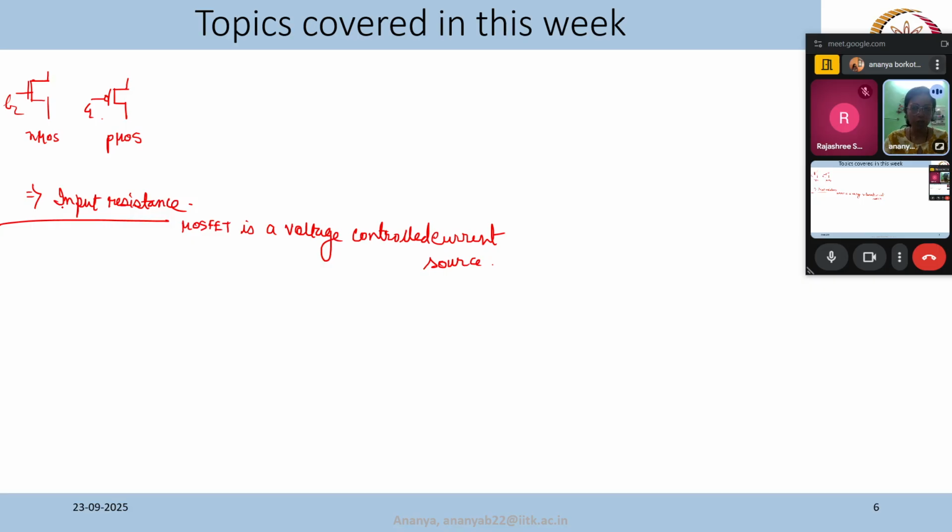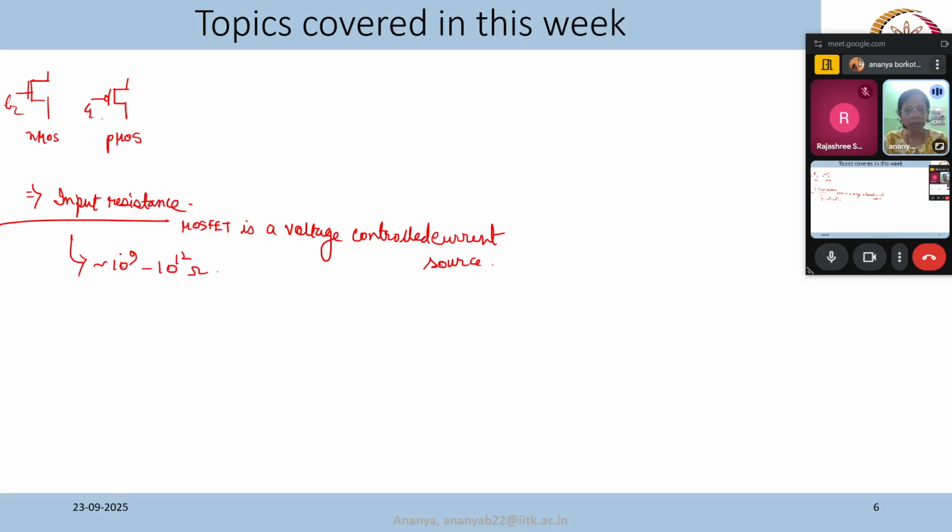Ideally, what should be the resistance of that? Ideally, the input resistance of a voltage controlled source, current source or voltage source, that does not matter, is very high, so that it can take that voltage drop. It is about 10 to the power 9 to 10 to the power 12 ohms.